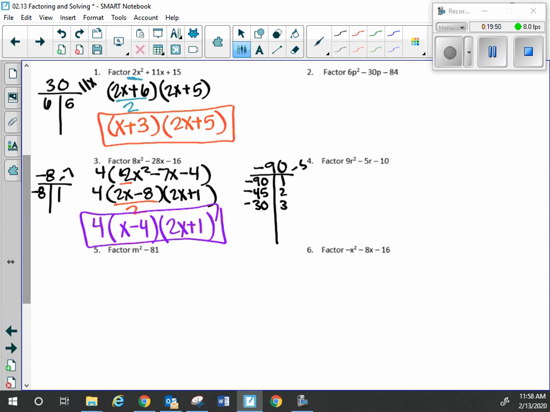Does 4 work? 5 and -18? Nope. 6 and -15? Nope. -10 and 9? No, that's negative 1. I need negative 5. Nothing worked.